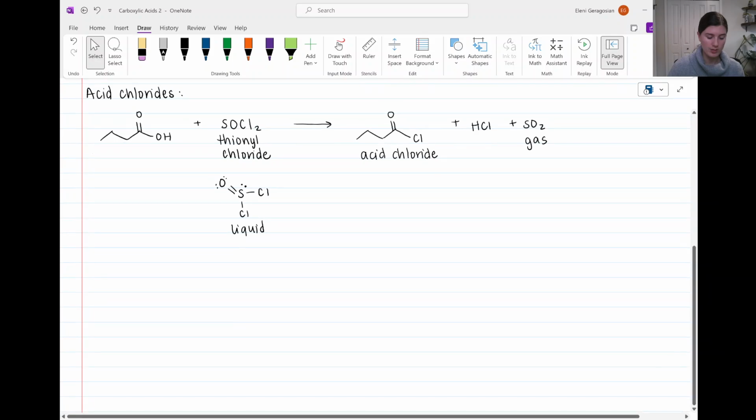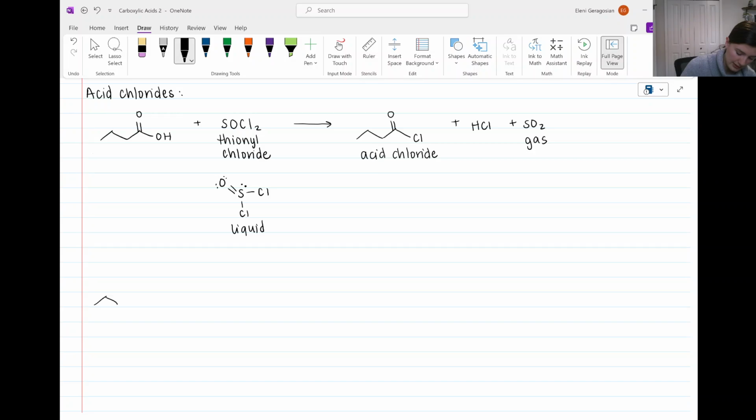There's one more reagent we'll talk about that can do the same thing. This would be phosphorus pentachloride. So we'll show a similar reaction, again with butanoic acid, plus PCl5.